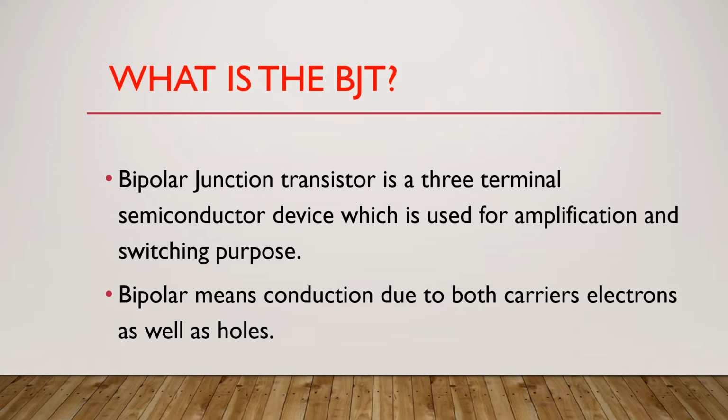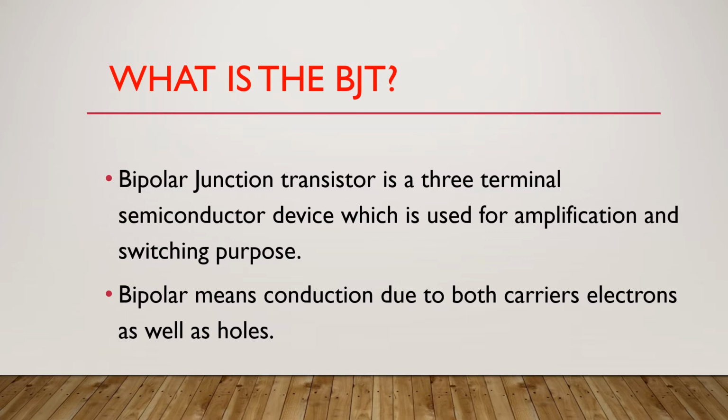What is BJT? BJT is a bipolar junction transistor. It is a three-terminal semiconductor device which is used for amplification and switching purpose. The word bipolar means conduction of current through the transistor due to both carriers, electrons as well as holes.